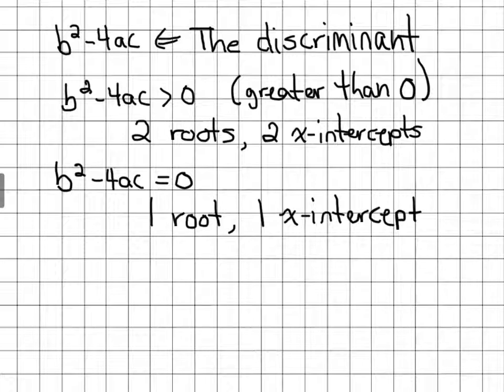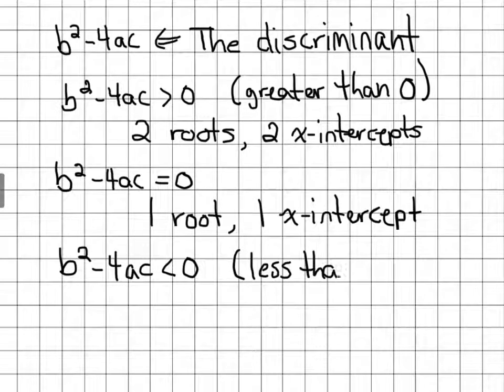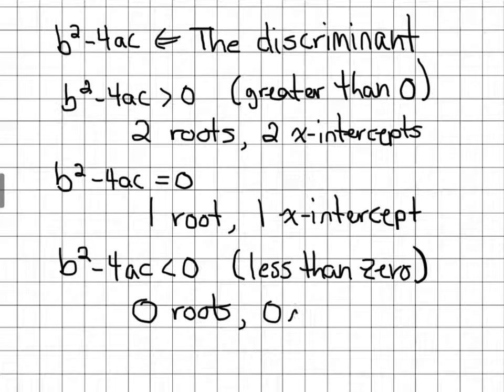And if b squared minus 4ac is less than 0, we have 0 roots. 0 x-intercepts are the same thing.